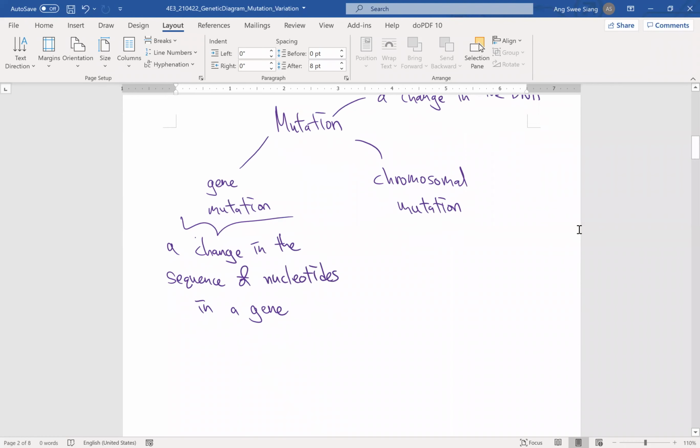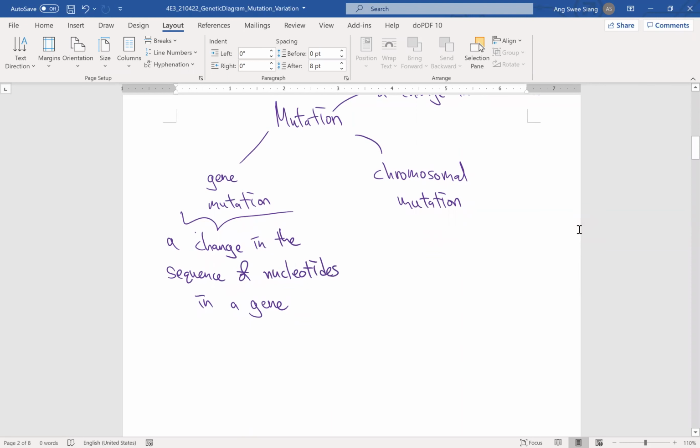For chromosomal mutation, in your syllabus we are only looking at a change in the number of chromosomes.